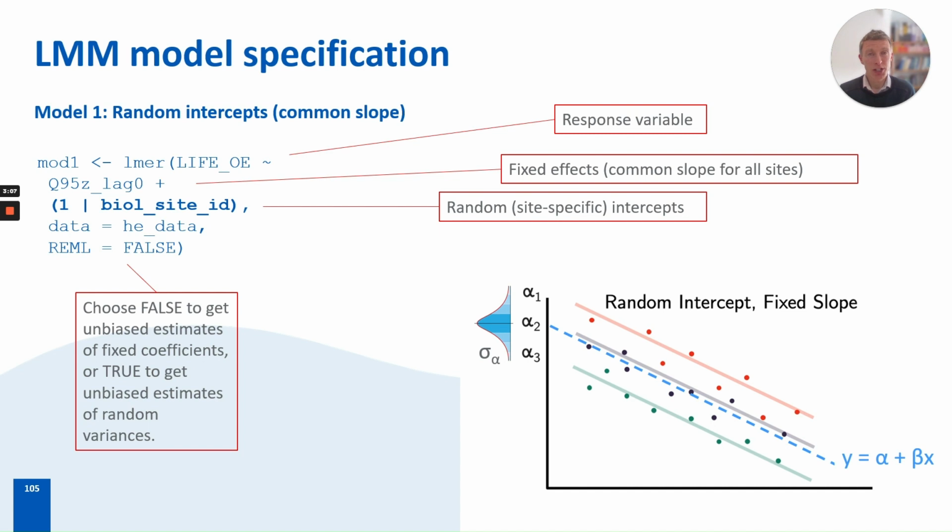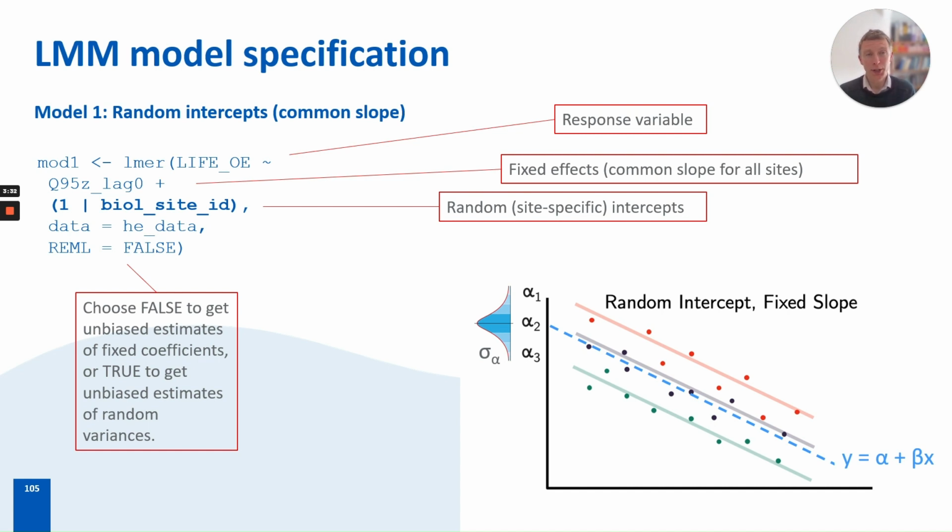Here we have the biology site ID as our random grouping factor. So this identifies the fact that our data have a hierarchical structure and that samples are nested within sites. And the 1 before the bar tells the model we want to fit a random intercept for each site. That is, we're allowing the mean LIFE OE ratio to vary from one site to another.